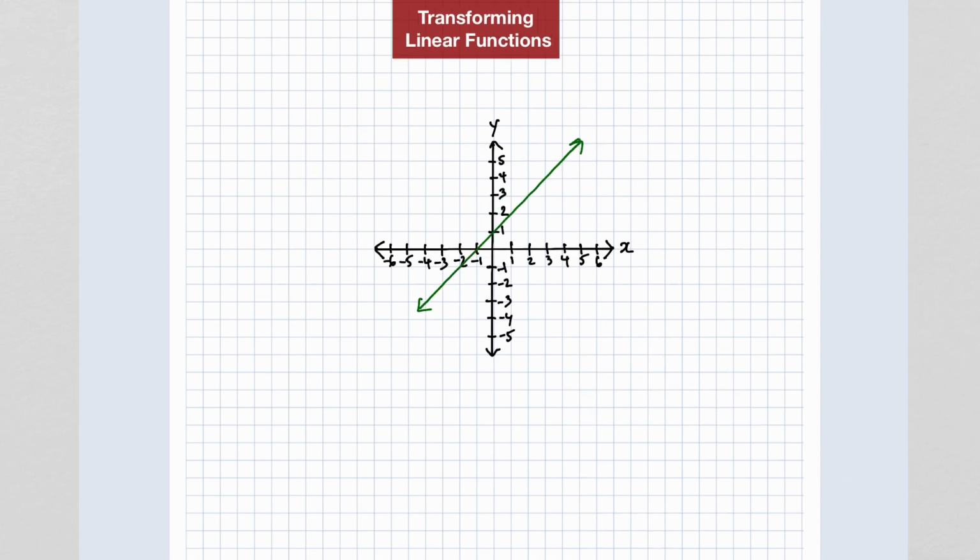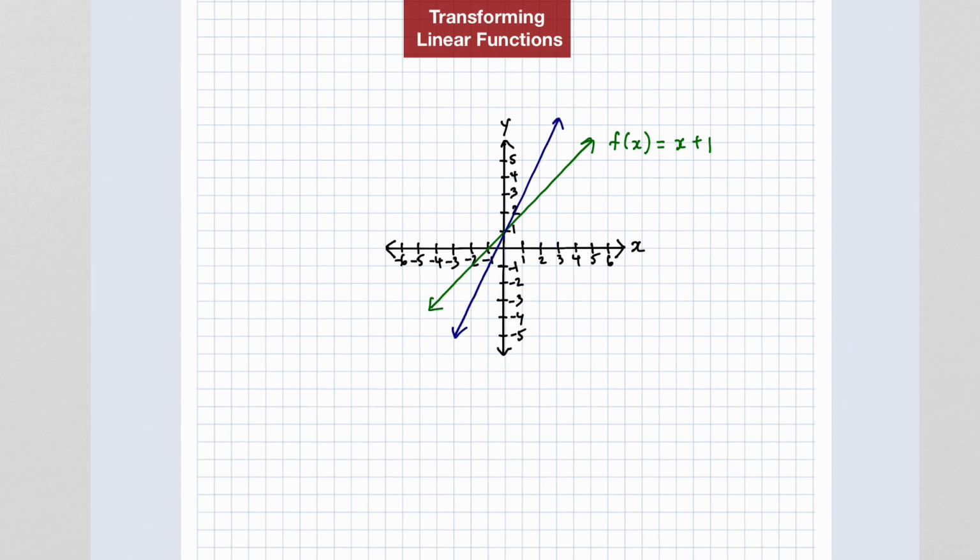Okay, so this following line has the equation f of x is equal to x plus 1. We now have another line colored in blue, and this function has a transformation of the following.